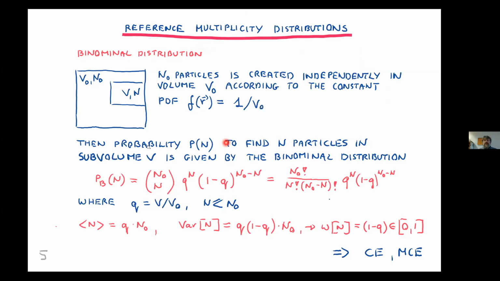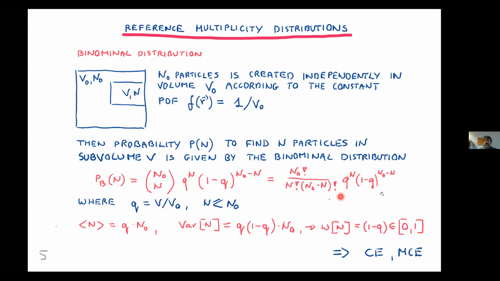Then the question we ask is: what is the probability to measure n particles in a subvolume of V0, which we denote V? So we have a big box V0 with N0 particles and a subvolume V, and we ask what is the probability distribution to find n particles there. And you all know that the answer is trivial. It will be the binomial distribution.